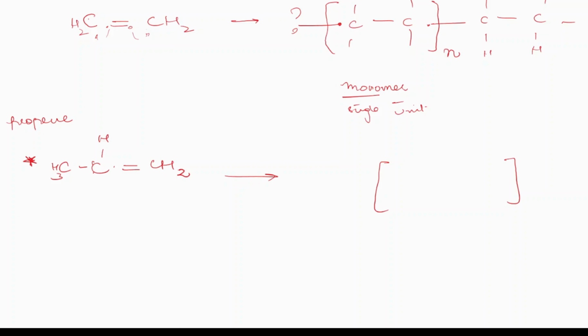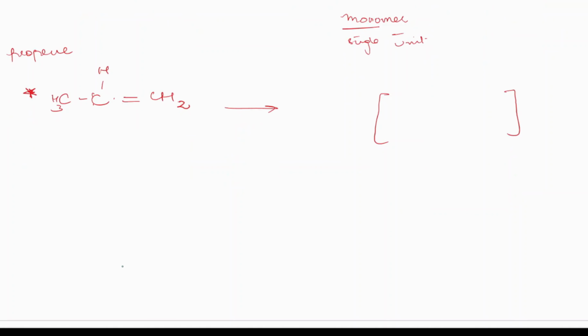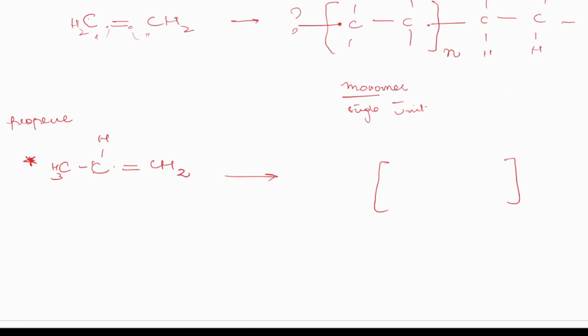Okay, so let's make it. There would be a change in the carbons that have the double bond. This carbon is going to have a change and this carbon is going to have a change, right? So we are writing CH2 with H here.